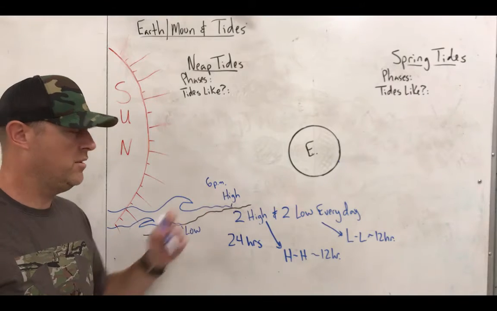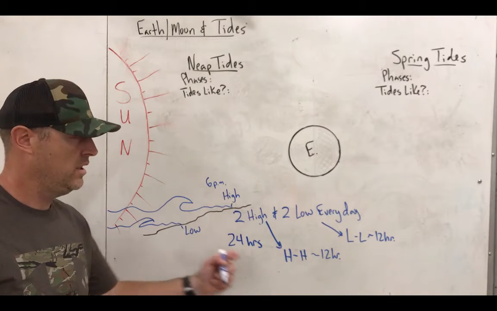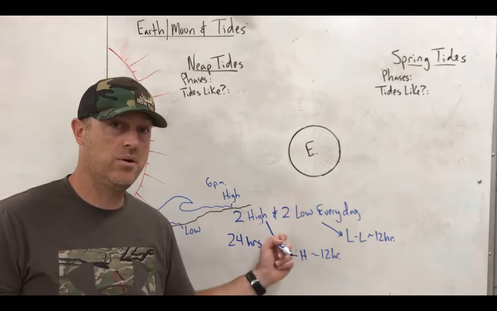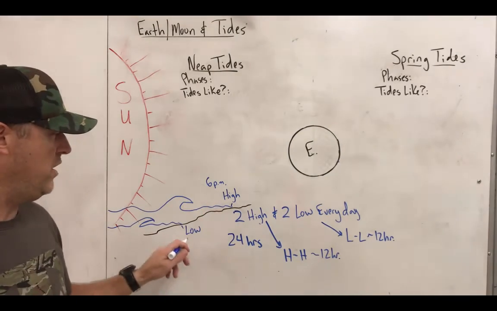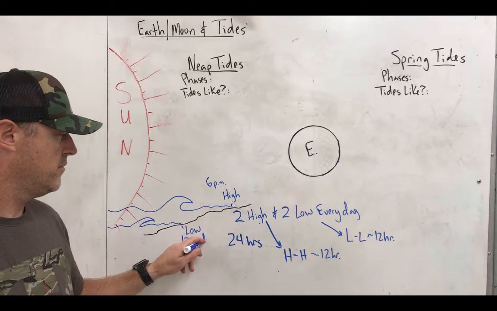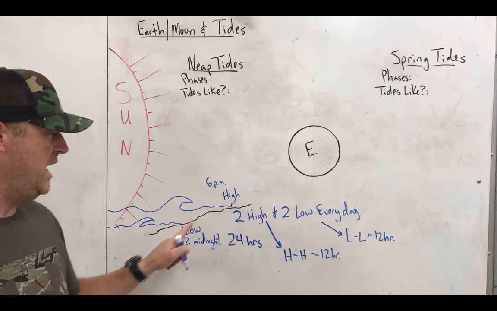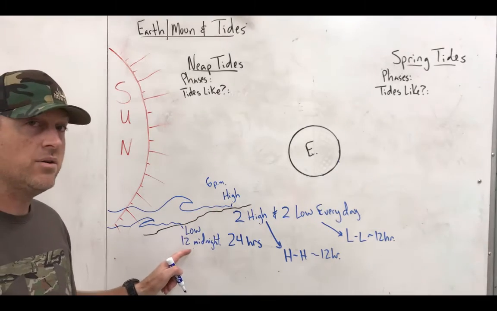If it's 6 p.m. and I know it's going to be a high tide, when is it going to be a low tide? Well, they're going to be 6 hours apart, so it's going to be 12 midnight. Okay, so between high and low tide, it's going to be 6 hours.